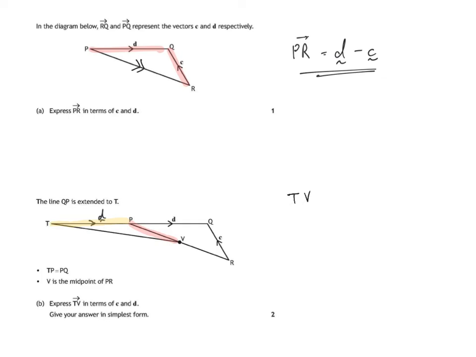The vector TV is going to be T to P plus P to V.